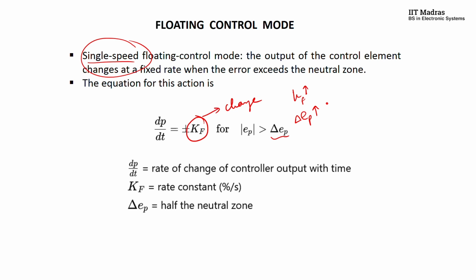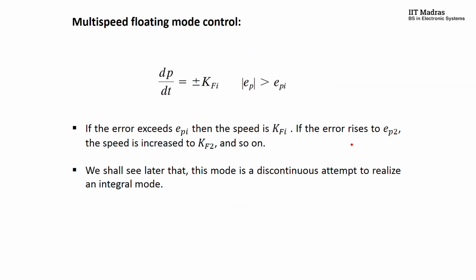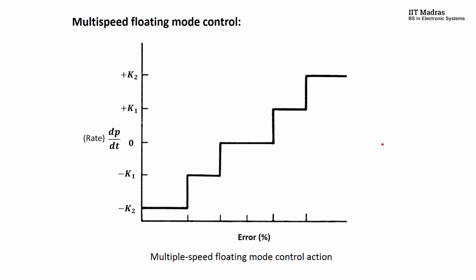So you can have multiple ranges of delta EP. The higher the range of delta EP, the larger the value of Kf, for example. It makes sense because the larger the error band, the rate at which the controller output should either increase or decrease should depend on Kf. The same concept has been applied here in the multi-speed floating control mode.